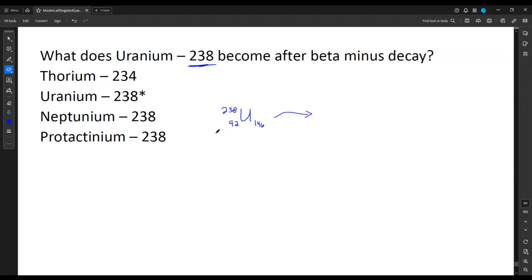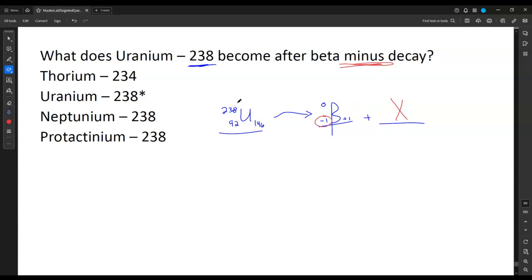Then beta minus decay means that our beta notation here, we've got 0, this is going to be a -1 in front, then to keep balance, we'd have a +1 on the other side, plus whatever element X, we don't know what this is going to turn into yet. So minus here means minus here.